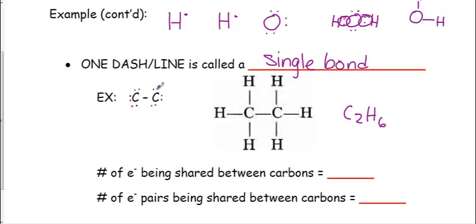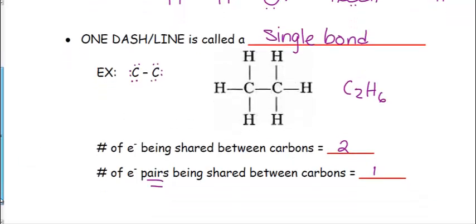Okay, so each line will represent 2 electrons. So the number of electrons being shared between the carbons is 2, between these 2 carbons. Number of electron pairs being shared between the carbons will be 1 electron pair. Okay, so that's the difference. Pairs and how many. So each pair is equal to 2 total electrons being shared.